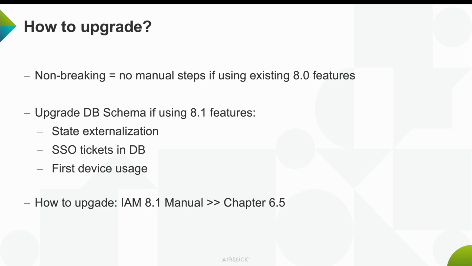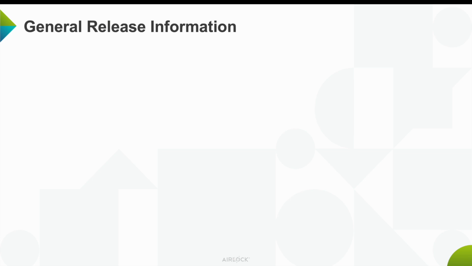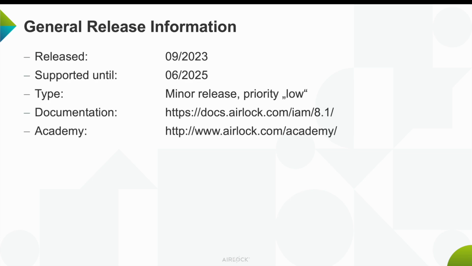For the details of how to upgrade, you can have a look in the manual in chapter 6.5, which is about upgrading IAM. So what else? The release has been released at the end of September 2023, and it will be supported until mid-2025. It's a minor release.